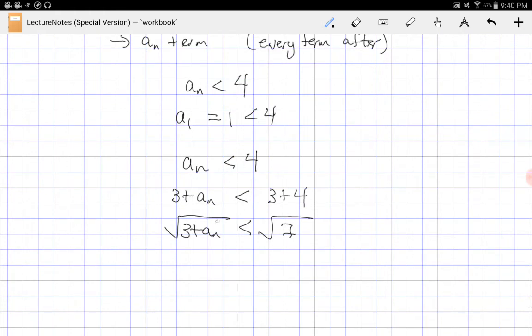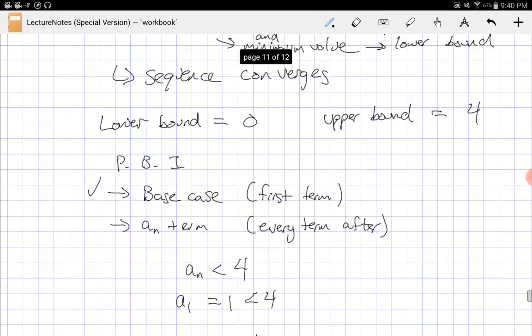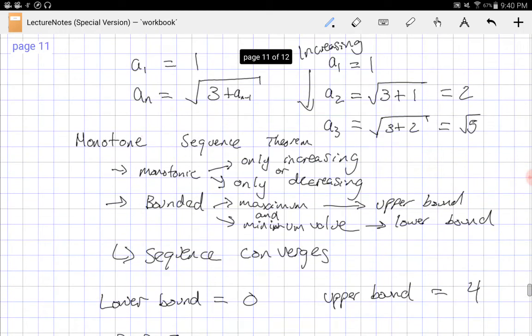The square root of 3 plus the previous term is the current term, so the square root of 3 plus the current term will be the next term.